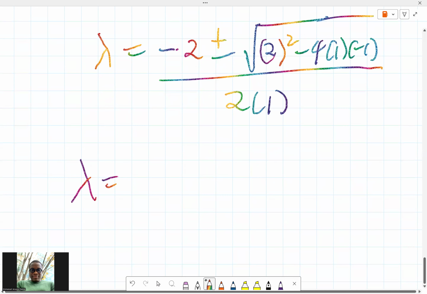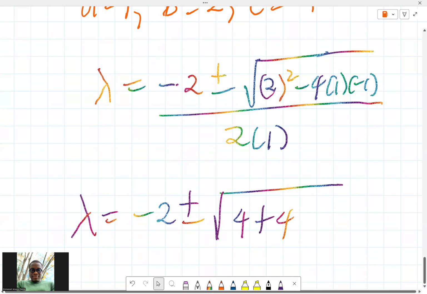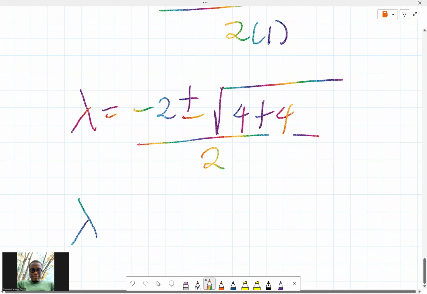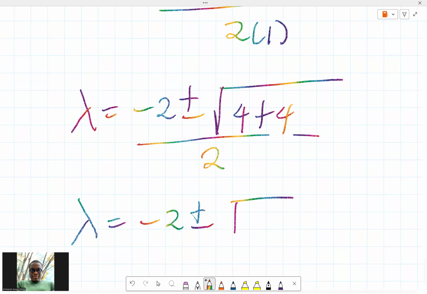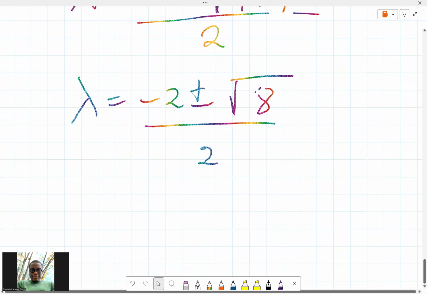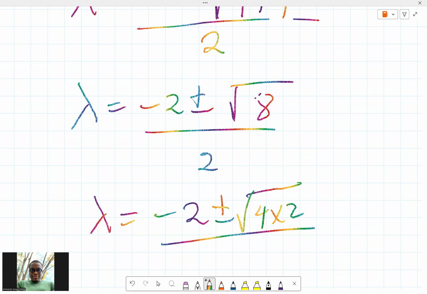So lambda is equal to -2 plus or minus the square root of 4 plus 4, divided by 2. 4 plus 4 is 8, and 8 is 4 times 2, so we have the square root of 4 times 2, all divided by 2.